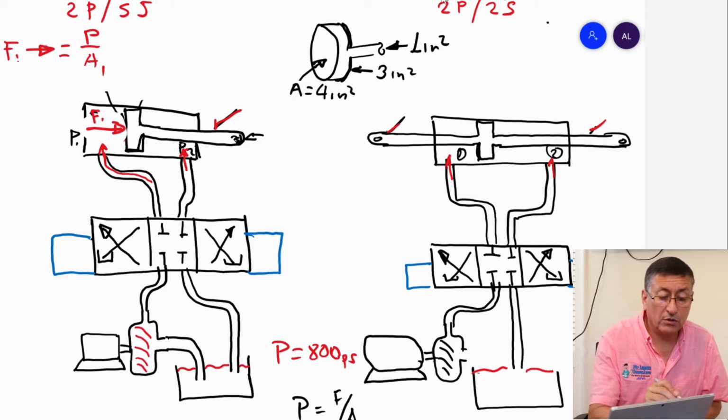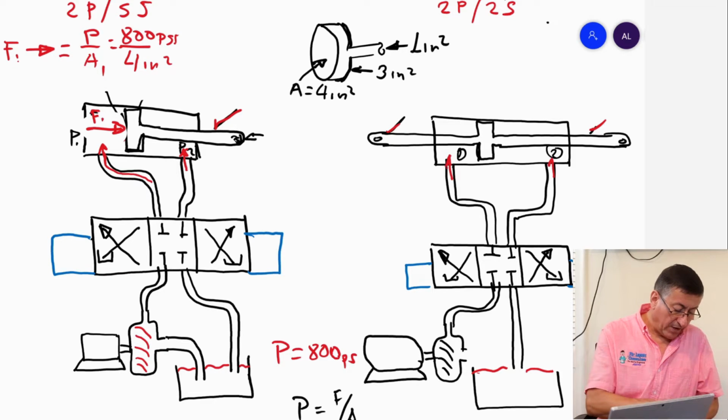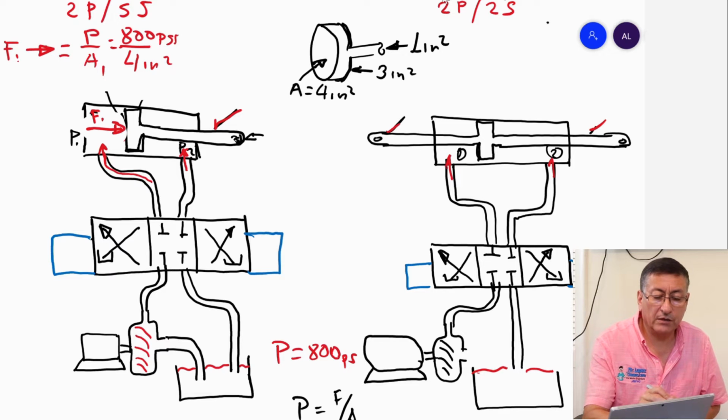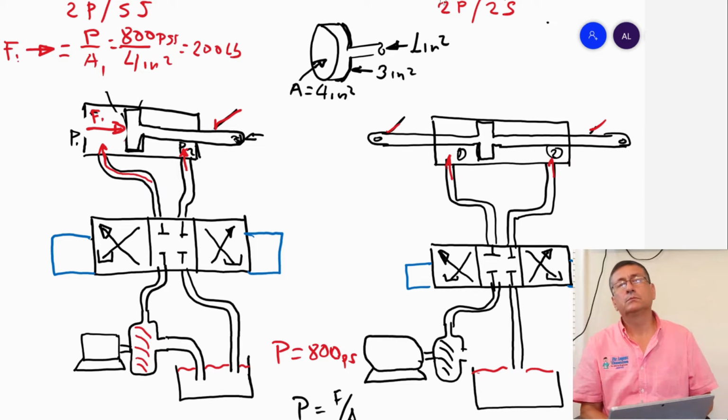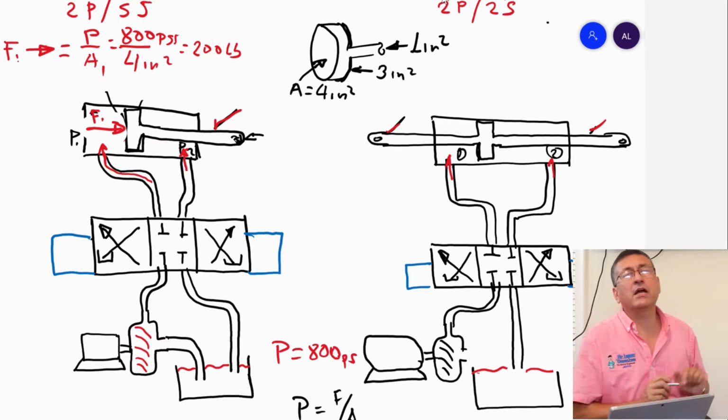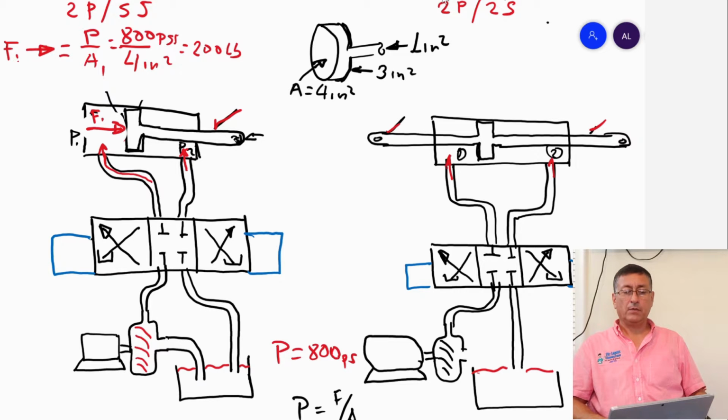The pressure is 800 psi divided by the area, 4 square inches. We have 800 divided by 4, and we get 200 pounds. Nice, 200 pounds in this direction.